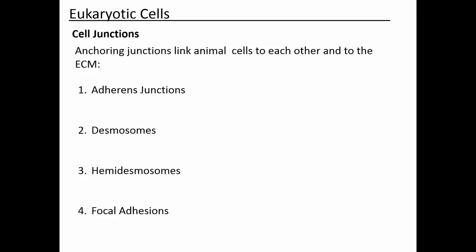Okay, so these are the four types of anchoring junctions that we're talking about. So if we start with adherens junctions, these are going to connect cells to each other via cadherins.